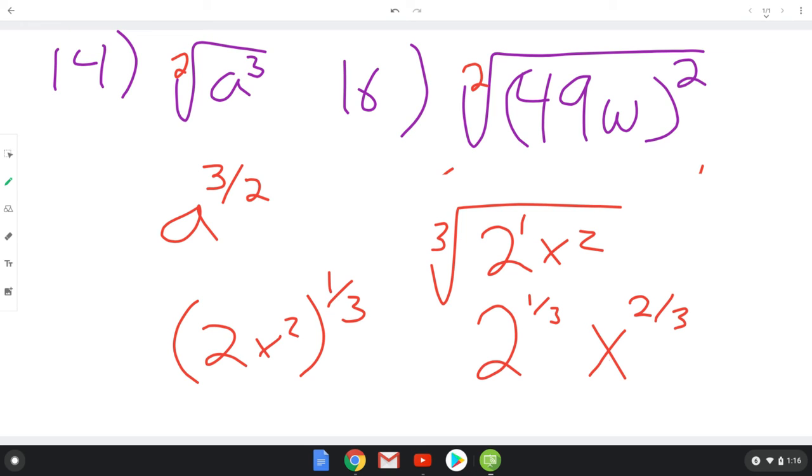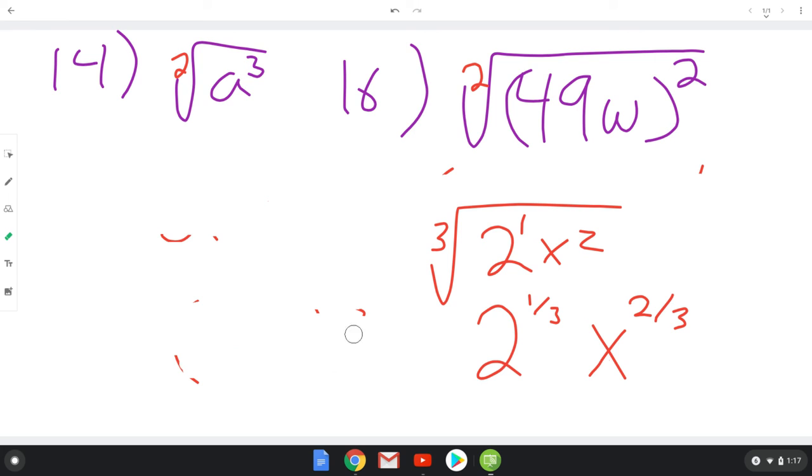The other thing I want to talk about is if you can simplify first, you're allowed to do that. For example, say we'd had something like number 14, but without the parentheses.